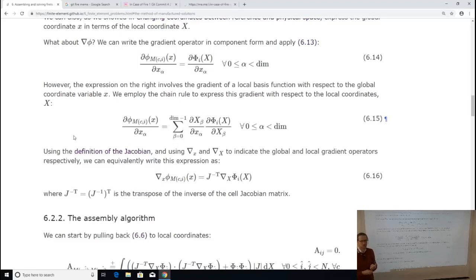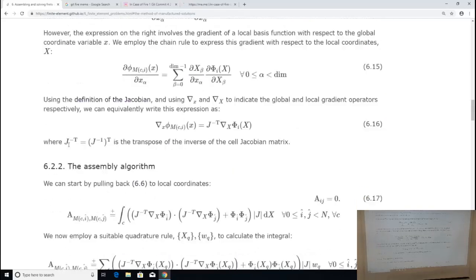And so if I write this in vector calculus notation, so using nabla for grad and subscripting it by the coordinate system so I can know which nabla is the local one and which nabla is the global one, then all that is the global gradient is equal to the local gradient multiplied by the inverse transpose of the Jacobian.